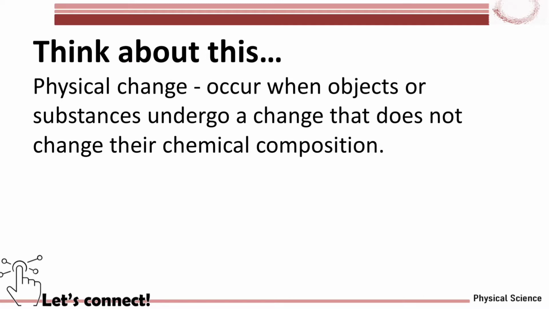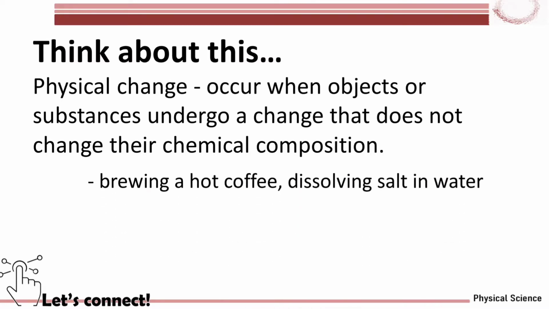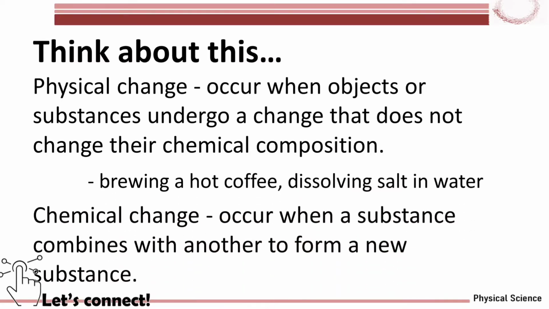So, after ng reaction, wala namang nagbago, yung salt ay salt pa din at yung lasa ay kape pa din. So, chemical change on the other hand happens when a substance combines with another to form a new substance. So, dito nababago na yung composition, yung property and characteristics ng substances. So, that's chemical change.